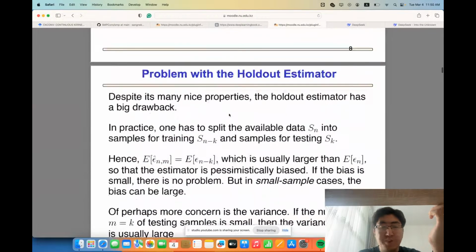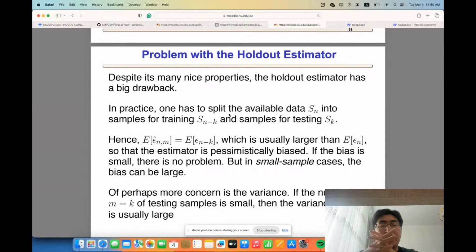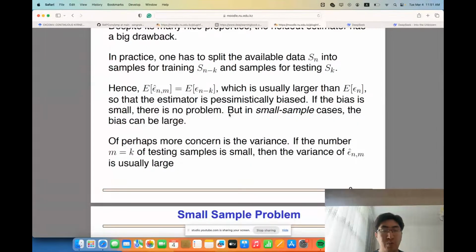It's very simple. Despite its many nice properties, the holdout estimator has a big drawback. In practice, one has to split the available dataset into samples for training and samples for testing. Hence the training set is smaller, so the estimator is pessimistically biased. If the bias is small, there is no problem, but in small sample cases the bias can be large. Perhaps a more serious concern is the variance: if the number of test samples is small, then the variance of the estimator is usually large.